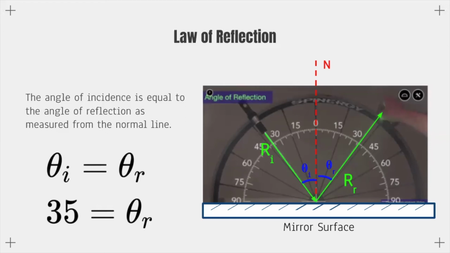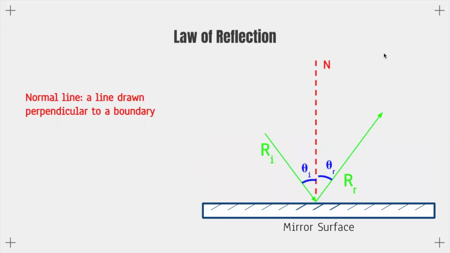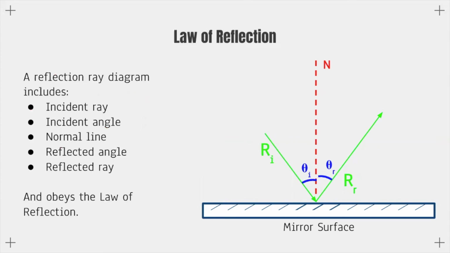Let's take the image out of the background. The normal line is the line drawn perpendicular to your boundary. When I want you to draw a ray diagram, I'm going to ask you to draw 5 things. It's a lot, but it's kind of like labeling transverse waves, right? I'm going to ask you to label the incident ray, that's Ri.